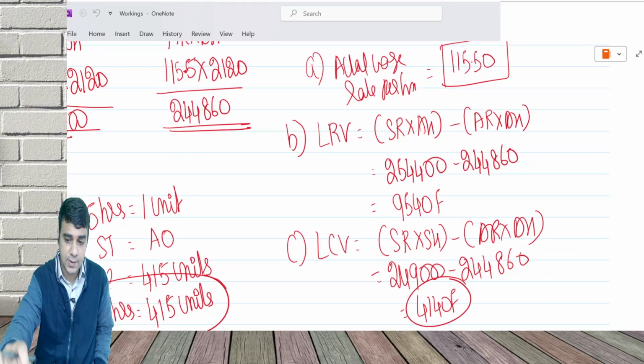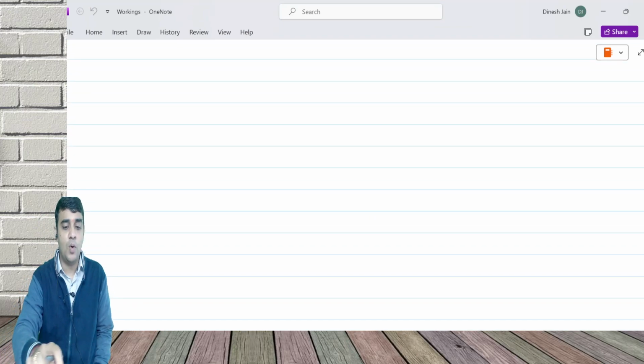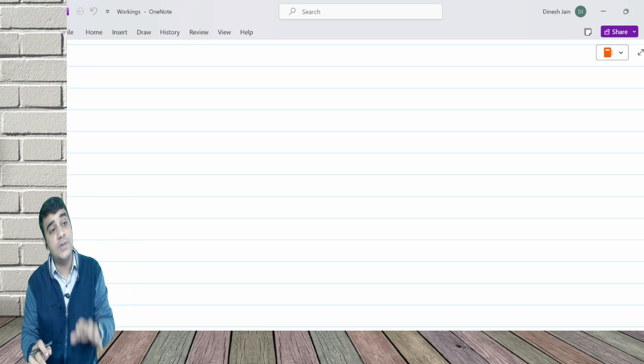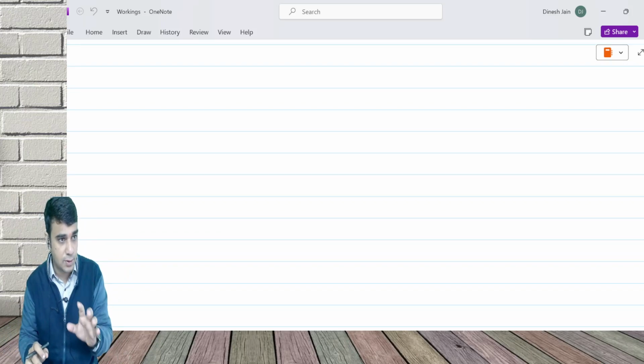Now, in the overheads chapter, we learnt that overheads are absorbed using a suitable base.